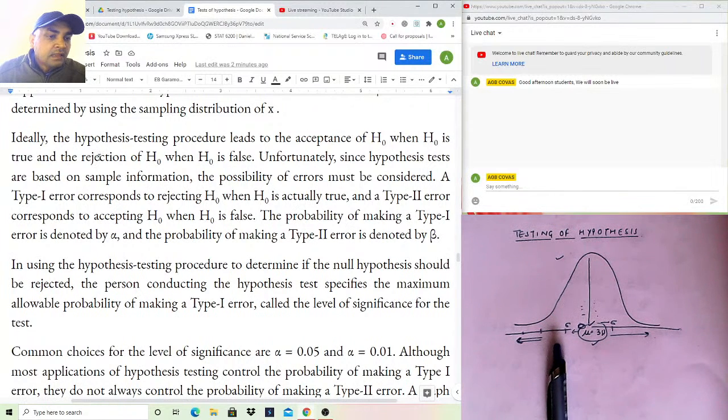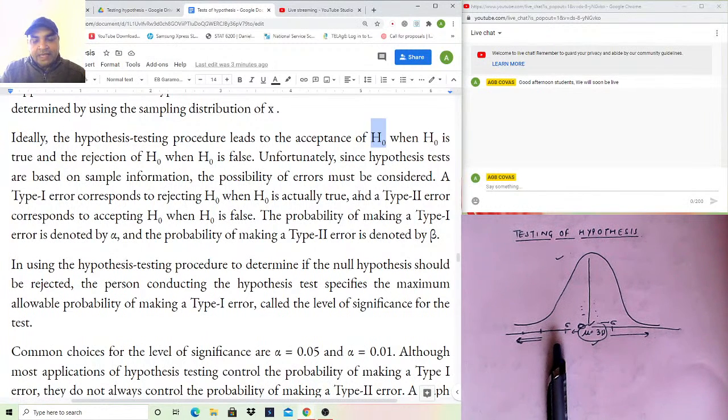Ideally, the hypothesis testing procedure leads to the acceptance of the null hypothesis when the null hypothesis is true, and the rejection of the null hypothesis when it is false. Unfortunately, since hypothesis tests are based on sample information, the possibility of errors must be considered. What we studied in our previous chapter is that when we take a sample, it is not always that you will get the mean.